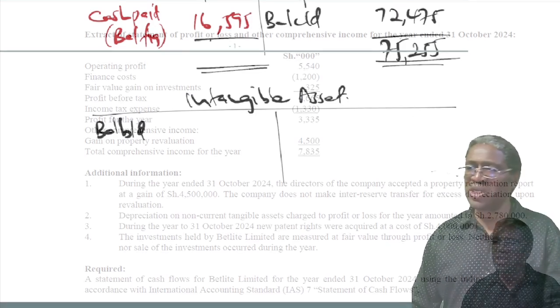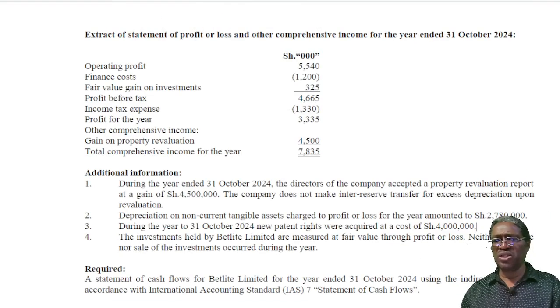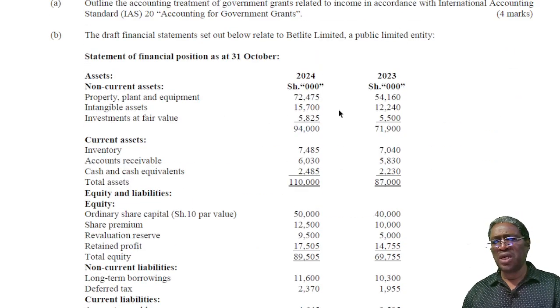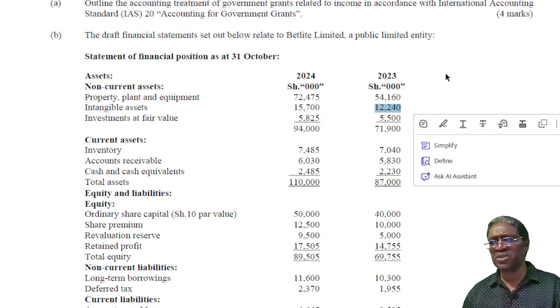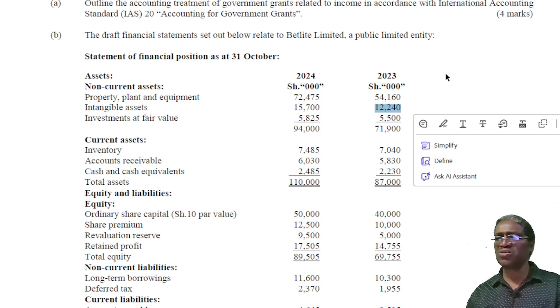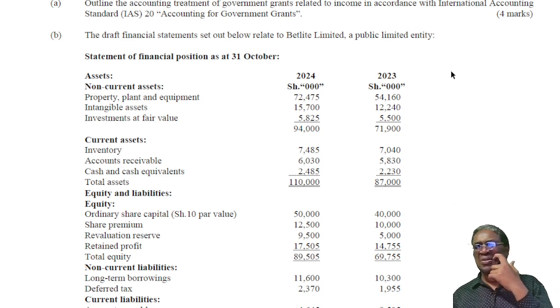So from the balance sheet last year, what was the balance of the intangible assets? I can see from the balance sheet last year, it was 12,240.